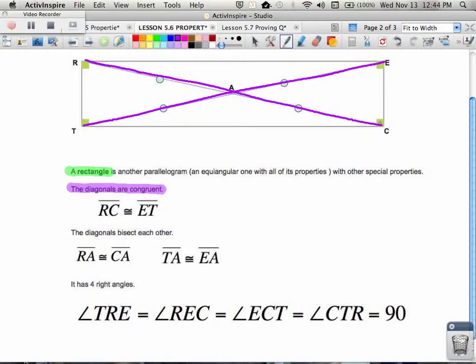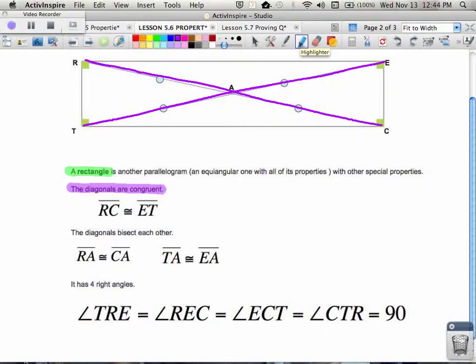Again, these are in addition to all of the parallelogram properties. So all the rules that apply to parallelograms still are true. Opposite sides are congruent, opposite sides are parallel, opposite angles are congruent, consecutive angles are supplementary, the diagonals bisect each other, all those things. But in addition to it, the diagonals are congruent. Also, the diagonals bisect each other.